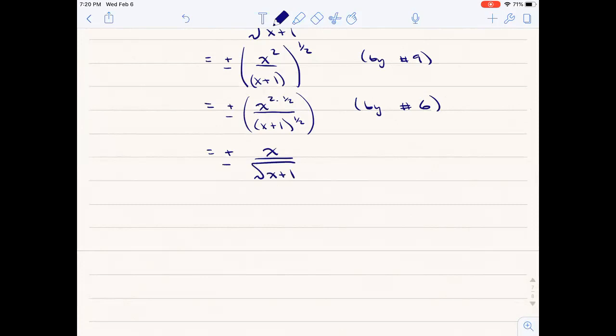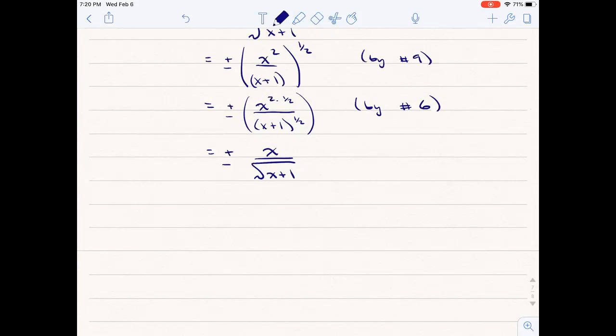I can't think of any way to simplify that even more. Now it's really, really simplified, although I'd say it was simplified earlier too. Okay. So any questions about that?